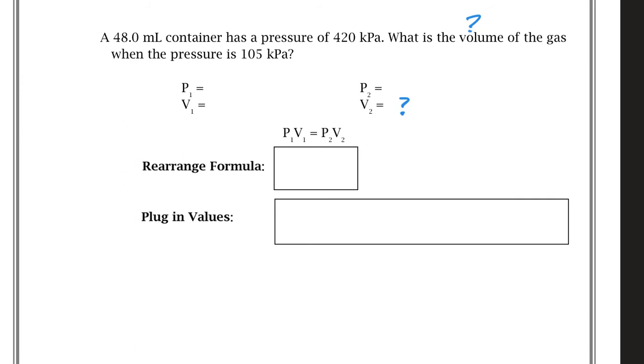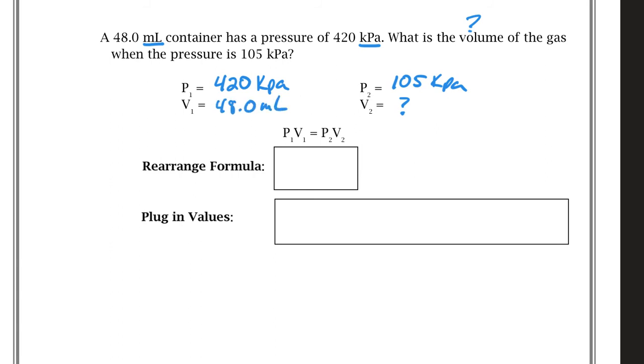Well, the pressure that goes with that is 105 kPa. Now, the other two numbers that are left, we've got milliliters and we've got kPa. Well, kPa is a pressure. If you're looking for your pressure units, you can look on your reference table in the standard pressure units, and you'll see all the different pressure units that we would use. Our volume is going to be 48.0 milliliters.